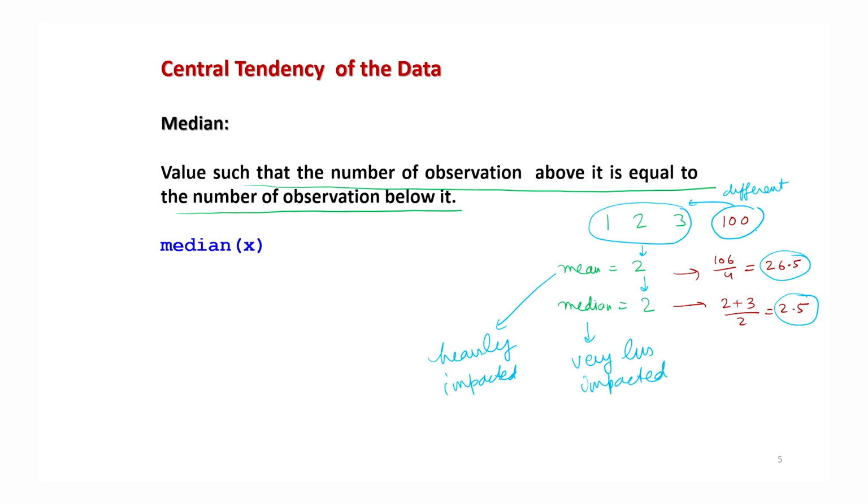Because if you add this value 100, then the arithmetic mean goes from 2 to 26.5, whereas the median goes from 2 to 2.5 only.